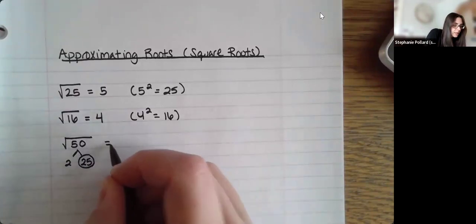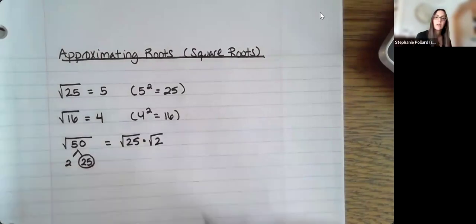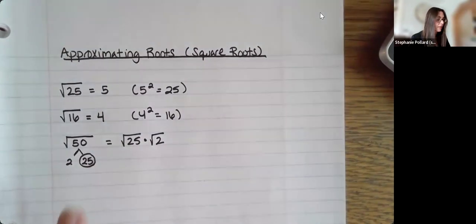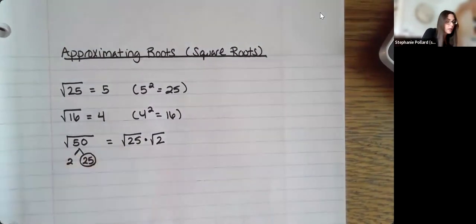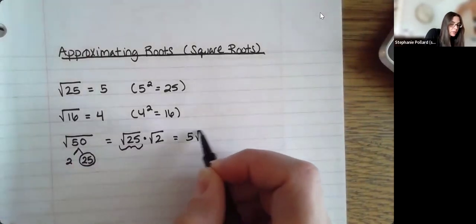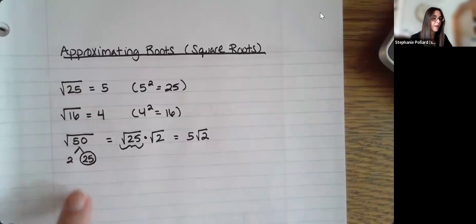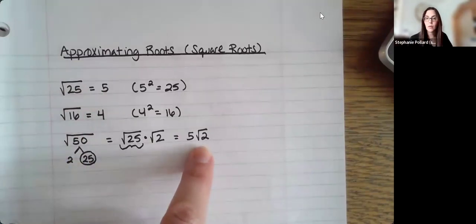So this would be the same thing as the square root of 25 times the square root of 2. Notice I haven't changed the problem. 50 is still 25 times 2. And then I'm able to simplify this first root into 5 root 2. So there are cases where we can either perfectly simplify our square roots or at least simplify them and leave them in root or radical form.